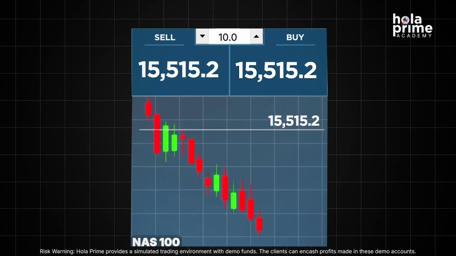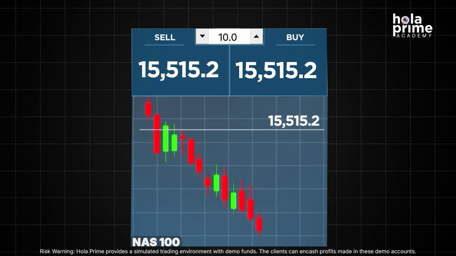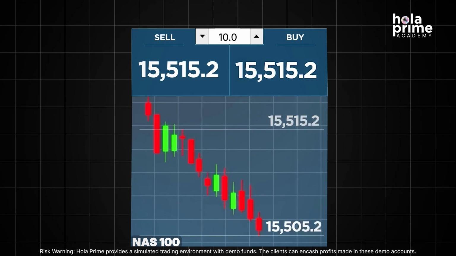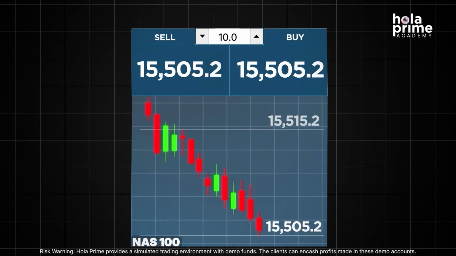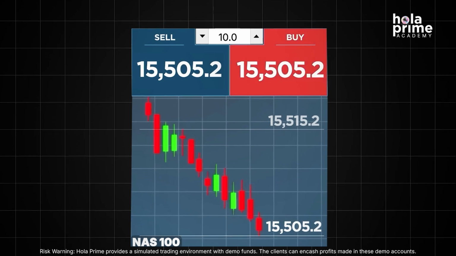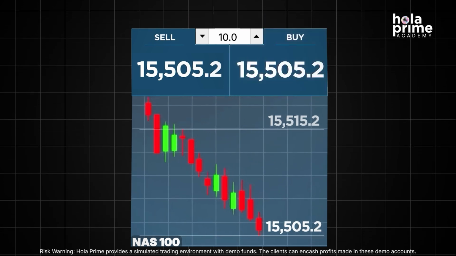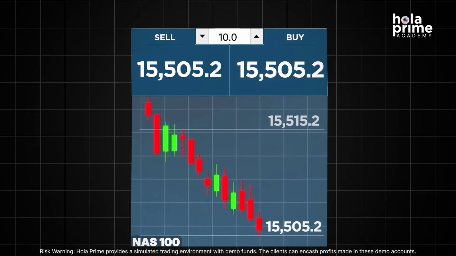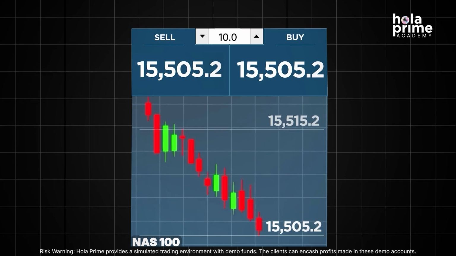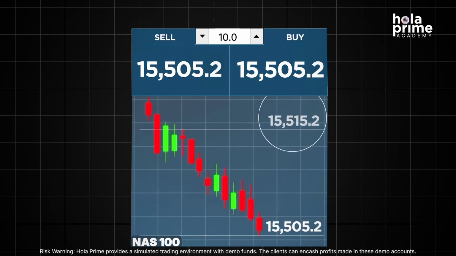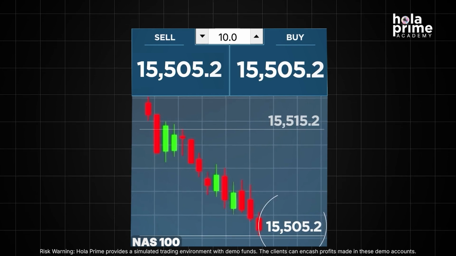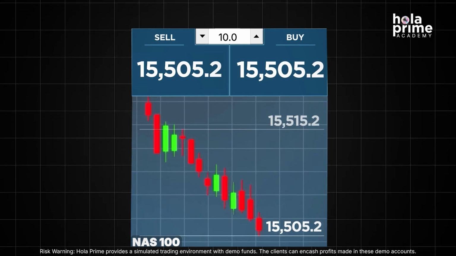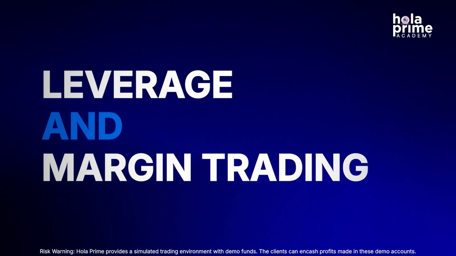If your anticipation proves correct and the market price indeed drops, let's say to $15,505.2, you're in for a win. You can close out your trade by buying your contract at this lower price. This action settles the difference between the CFD's opening price, which is $15,515.2, and the closing price, which is $15,505.2.